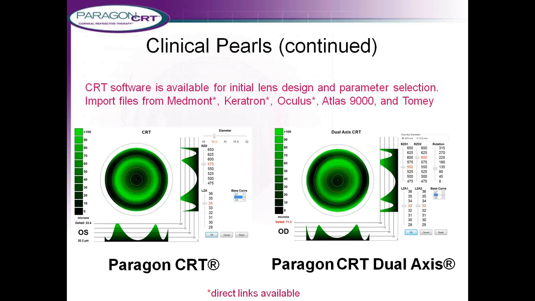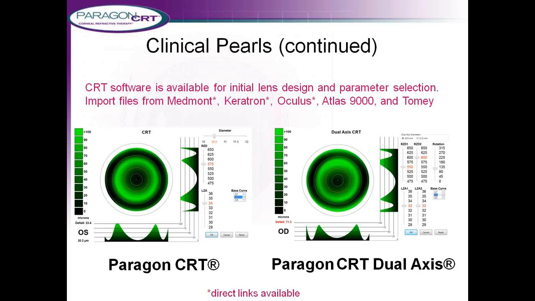Another helpful aid in fitting CRT is the CRT software. This program takes the data from the pre-treatment map, and when you enter the prescription, shows a simulated tear pattern for the standard CRT design and the CRT dual axis design at the same time. You choose which you think will work best for the patient.